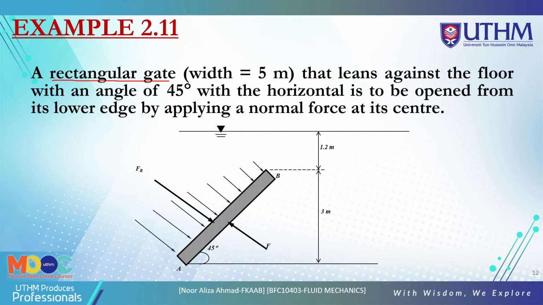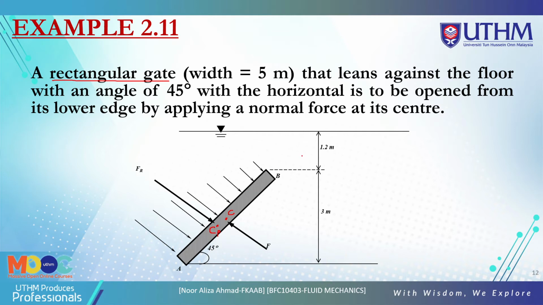It is to be opened from its lower edge by applying a normal force at its center. The hydrostatic force occurs at this part, and the applied force is at the center. This is the center, this is CP.